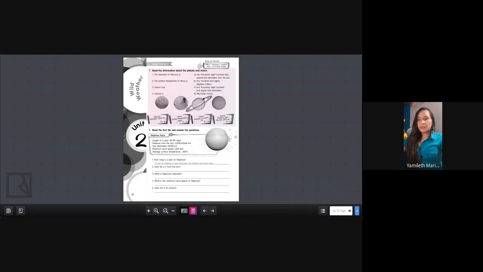Venus, surface temperature, 480 degrees Celsius. Saturn, number of moons, 53. Uranus, distance from the sun, 2,872 kilometers. Let's do this exercise.